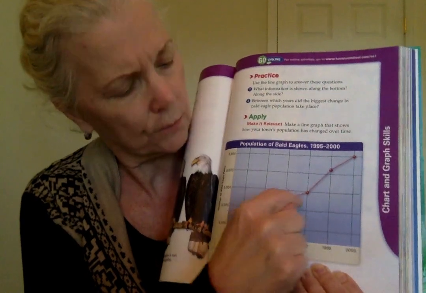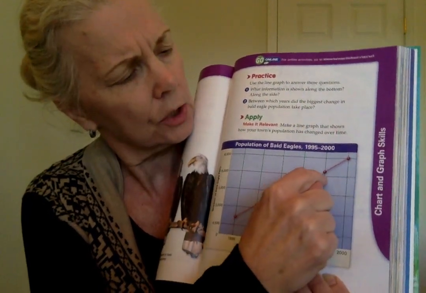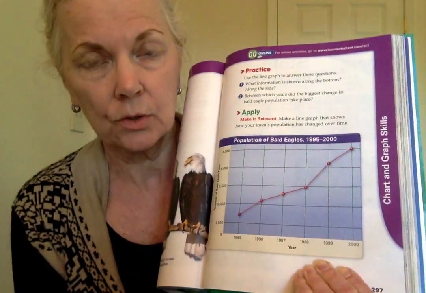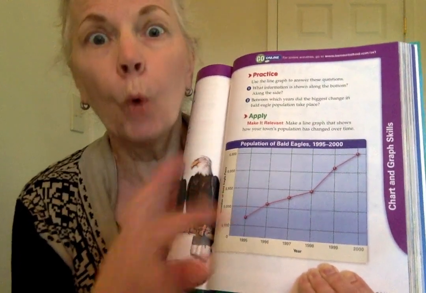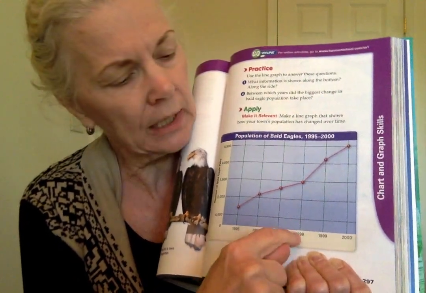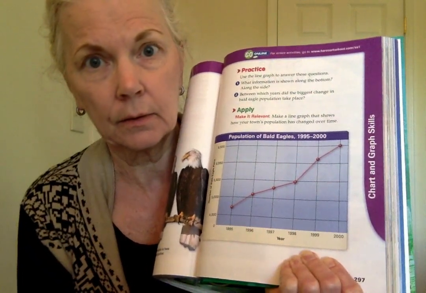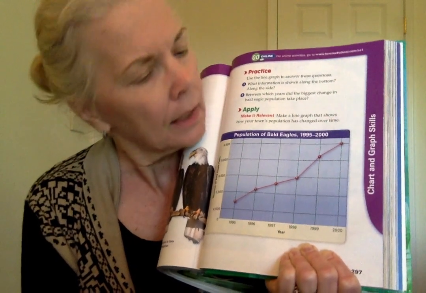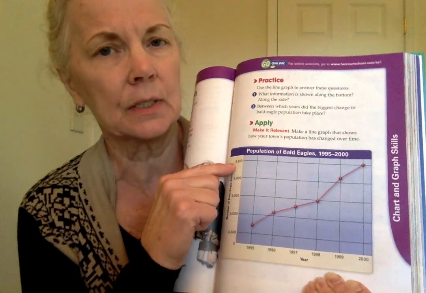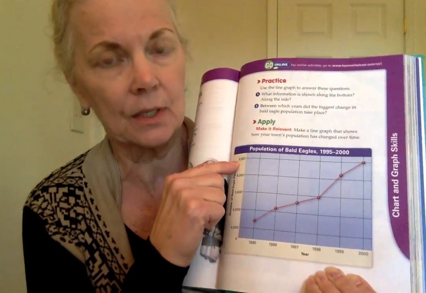And the increase was from about 5,000 to about 6,200. So about 1,200 more pairs were added that year. What year? Oh, between the years. Between what 2 years? Between 1998 and 1999. That's important. And then we see by 2000 we had about 6,500 pairs of bald eagles.